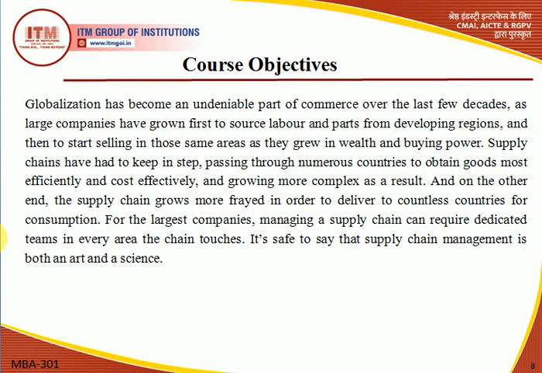Supply chains have had to keep in step, passing through numerous countries to obtain goods most efficiently and cost effectively, and growing more complex as a result. And on the other end, the supply chain grows more freight in order to deliver to countless countries for consumption. For larger companies, managing a supply chain can require dedicated teams in every area the supply chain touches. It's safe to say supply chain management is both an art and a science.